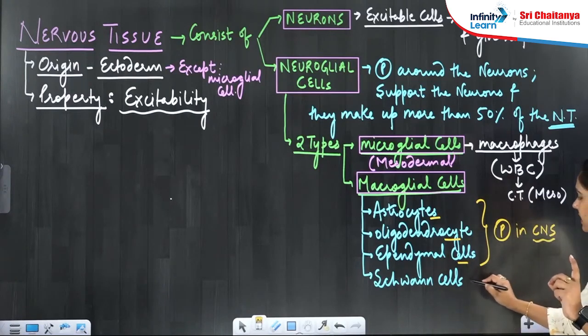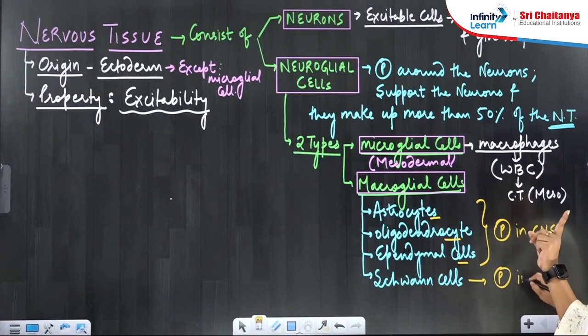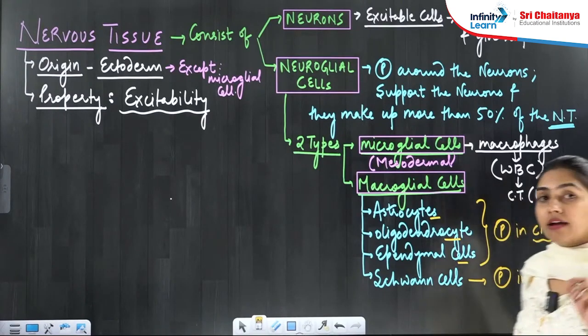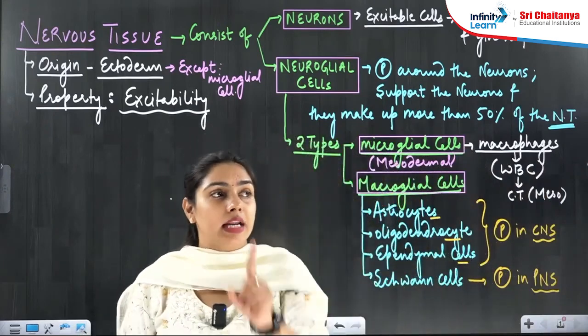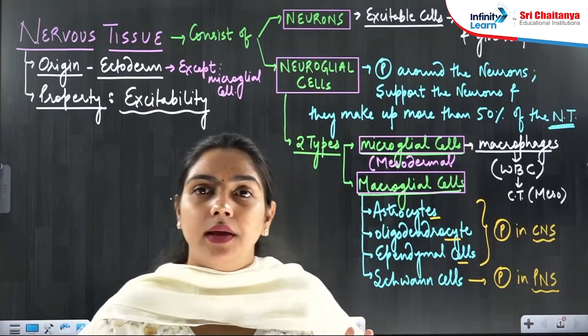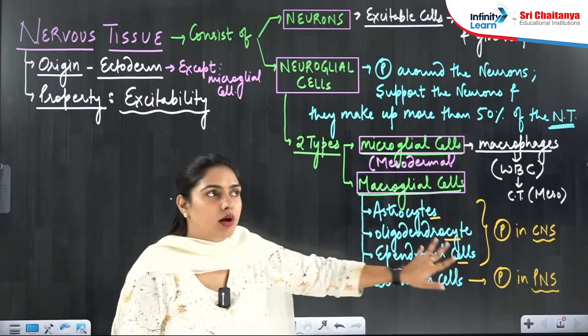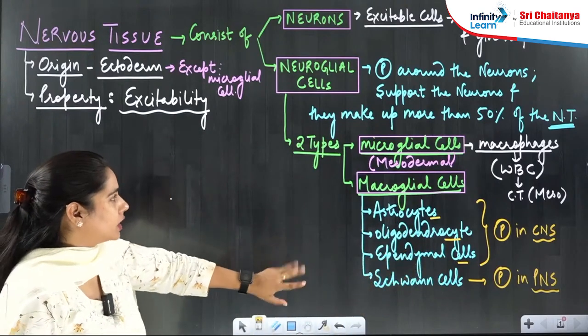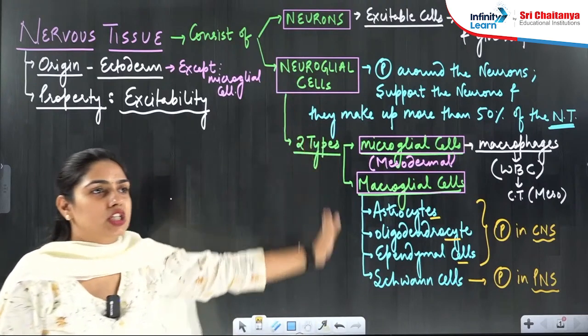And Schwann cell is not present in the central nervous system, it is present in the peripheral nervous system. I will tell you the difference between CNS and PNS. I hope this much is clear.